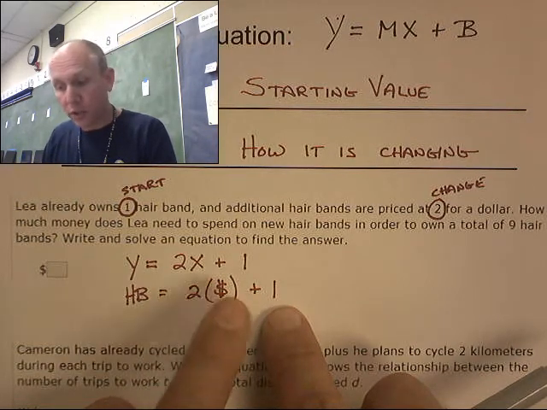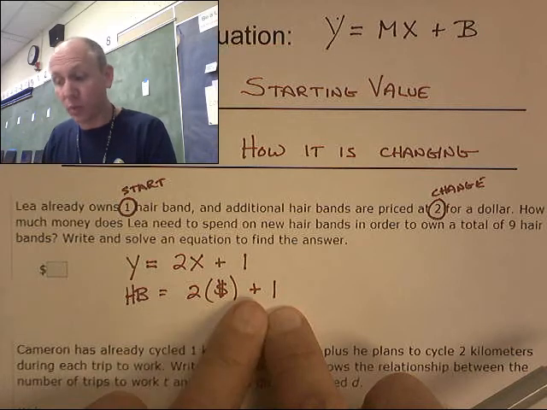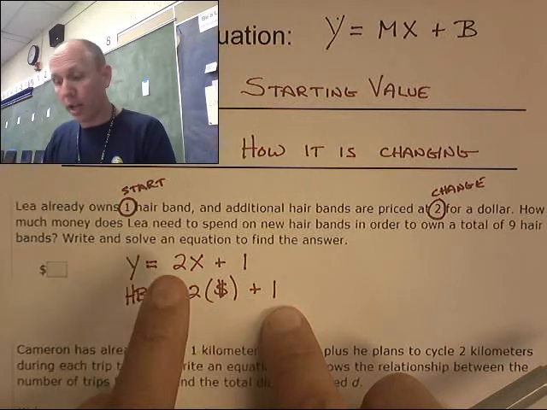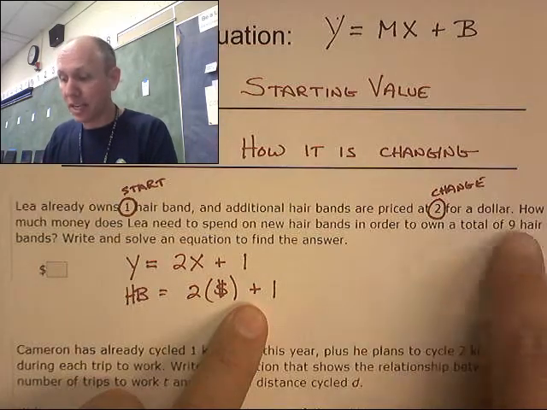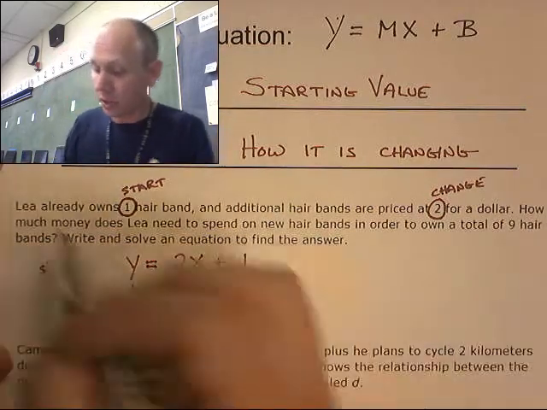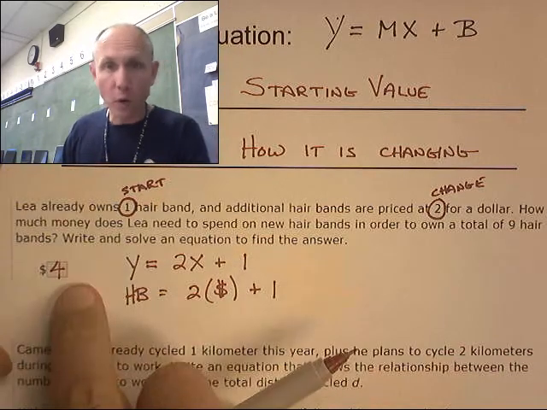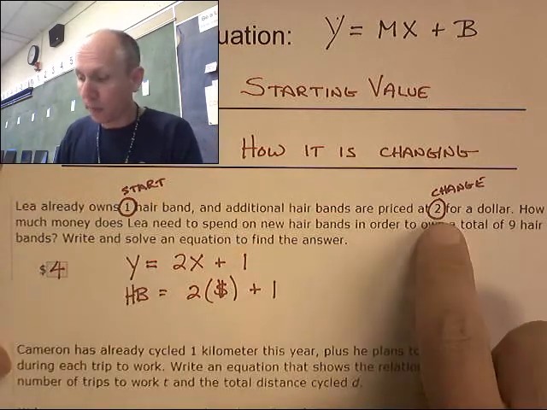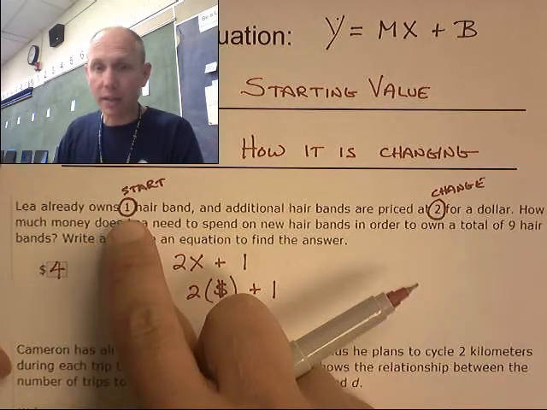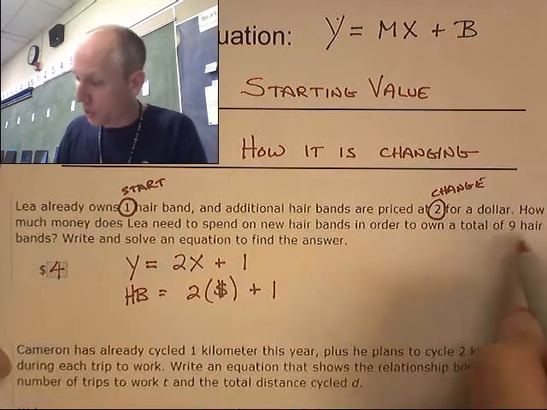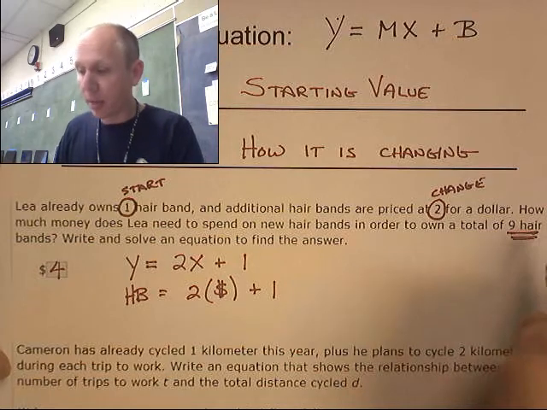For $3, she had 3 times 2, which is 6 plus 1, which is 7. For $4, she'd have 2 times 4, which is 8 plus 1, which is 9. And that's the answer to this, is $4. For $4, she can go to the store and buy 8 more hairbands, and she already has 1 hairband, and that would take her to her total of 9 hairbands.